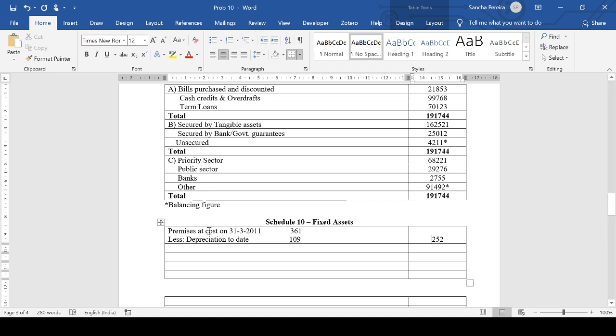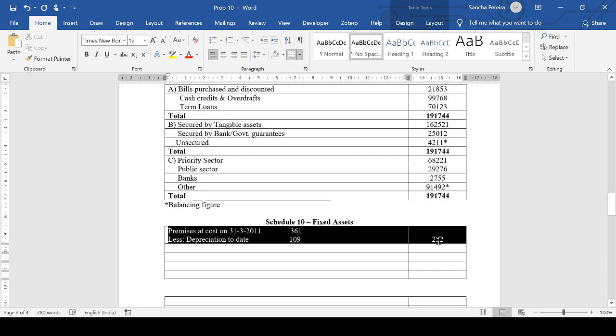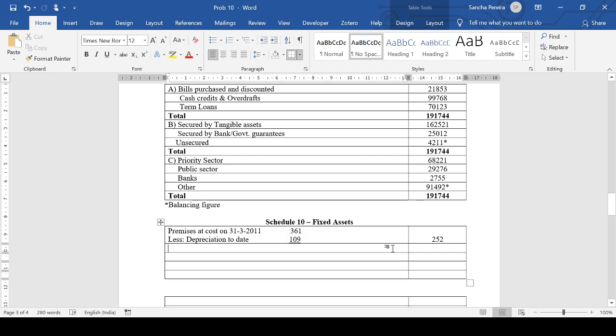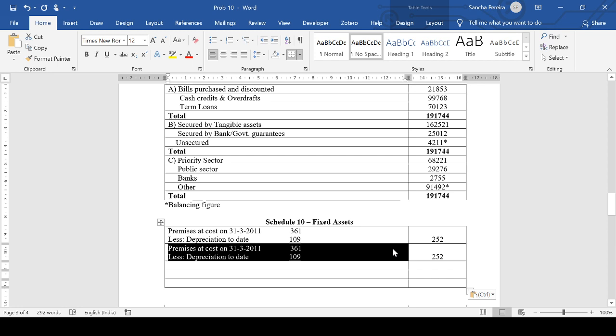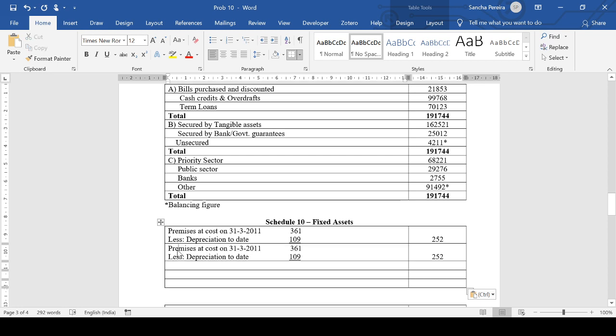Similarly, we have the same thing for other fixed assets. Sorry, depreciation on other fixed assets. The amount in other fixed assets at cost on 31st March 2011 is 1890, and depreciation to date on those is 970.